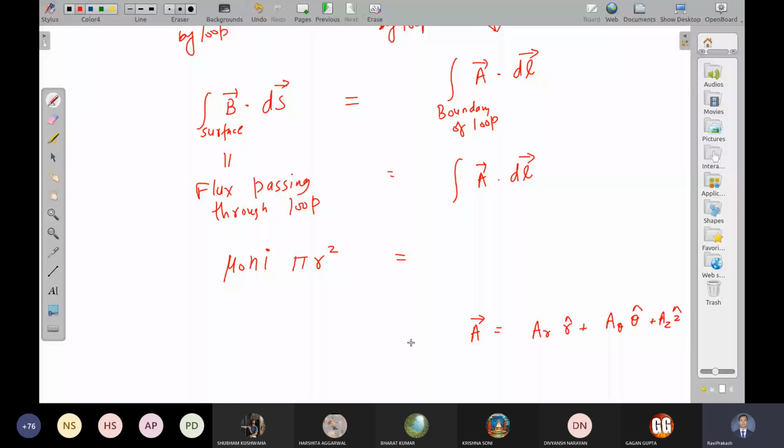This is in general. What is the possible shape of vector potential in this example? Can anyone guess? All you know about vector potential is this equation, this equation, this equation. That's it.